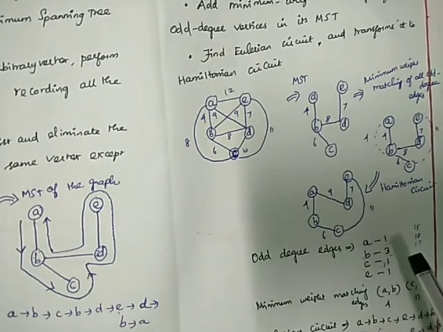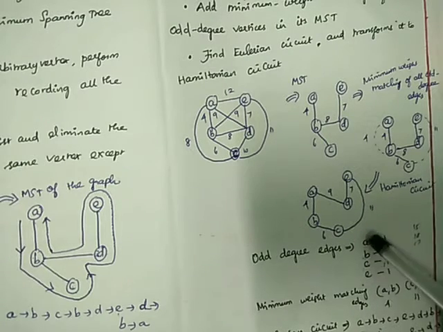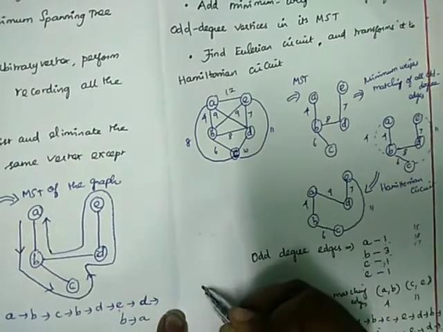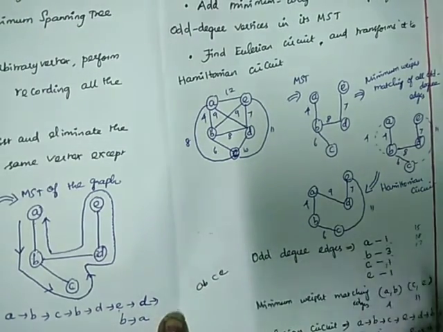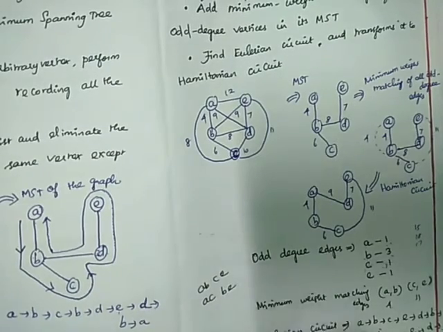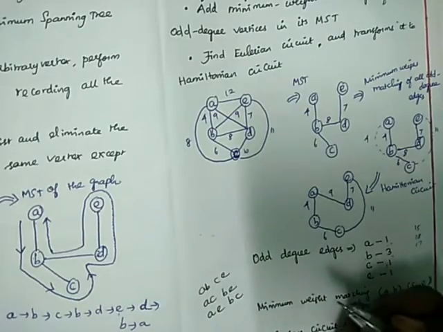So from these odd degree nodes we can have some combinations. A to B, and the odd nodes are A, B, C, E. So I will write here A, B, C, E, or A, C, B, E, or A, E, B, C. Okay.